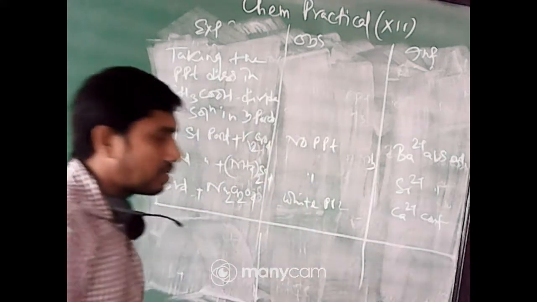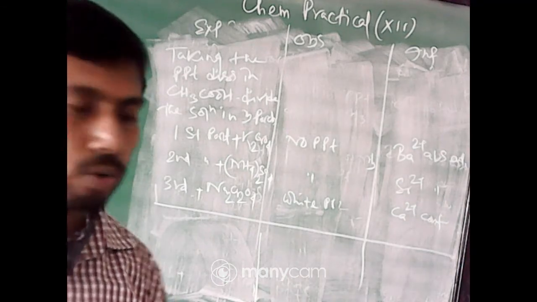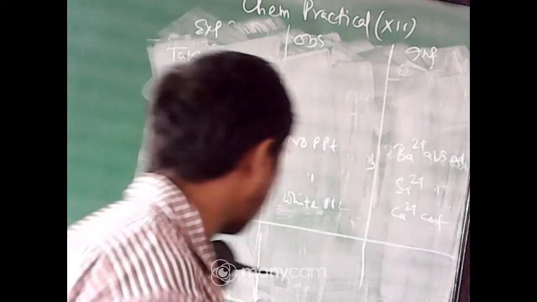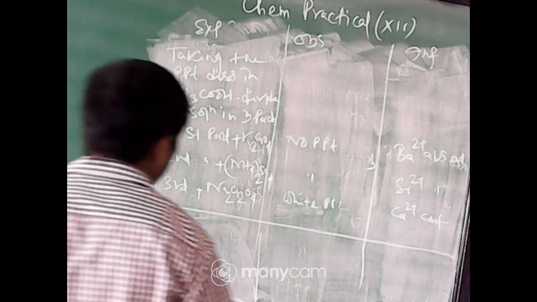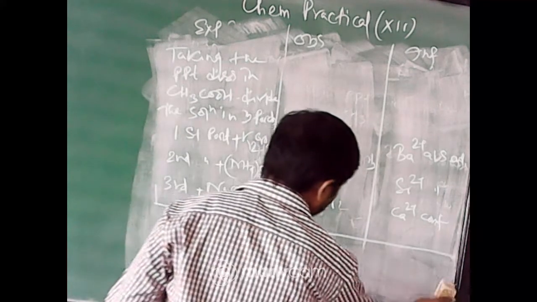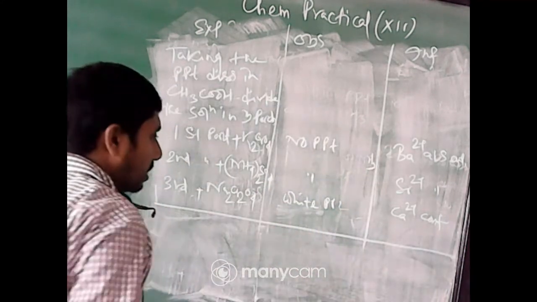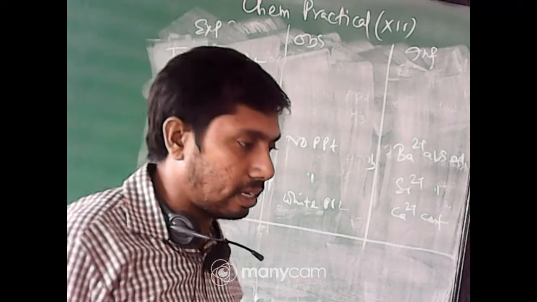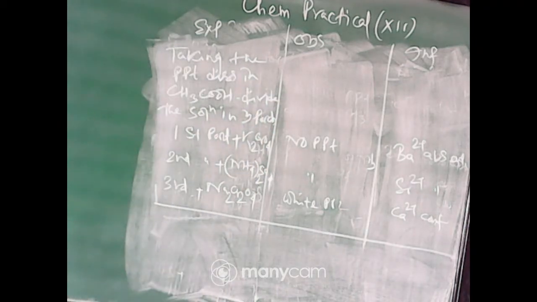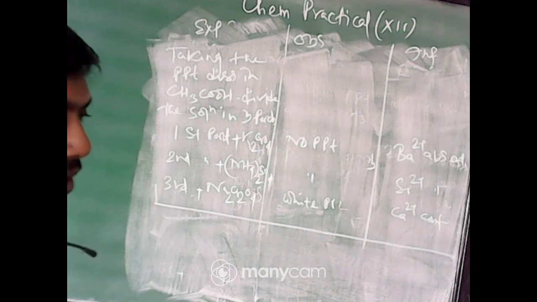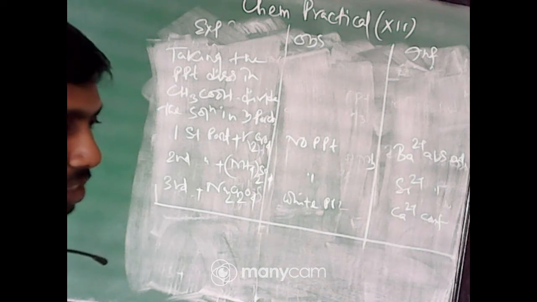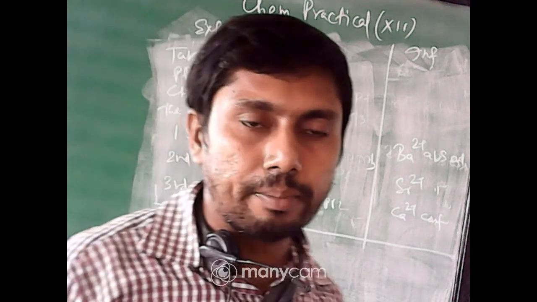After that, our conclusion: our supplied sample contains calcium as basic radical, formula Ca2 plus, and chlorine as acid radical, formula Cl minus. So in that way you have to represent it for an unknown sample. Now the next one was magnesium nitrate.